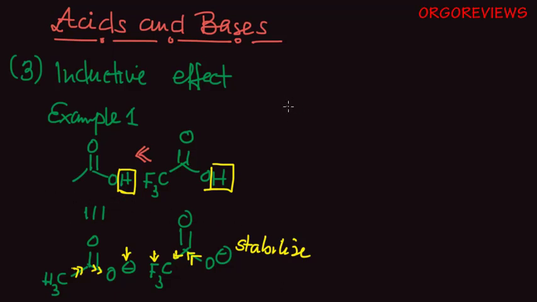A very important thing to note is that inductive effect falls off as the distance increases between the negative charge and the group that is pulling the electrons. Let's illustrate this with an example. So if I have this kind of acid and I have two fluoro groups on the third carbon, so you can see the carbon number 1, 2, and 3.